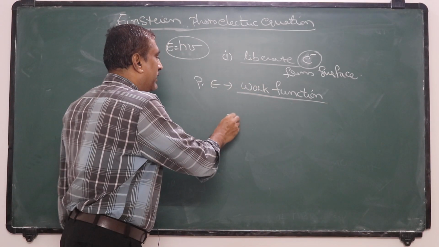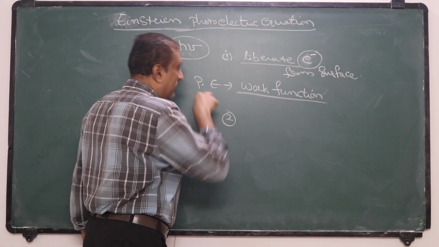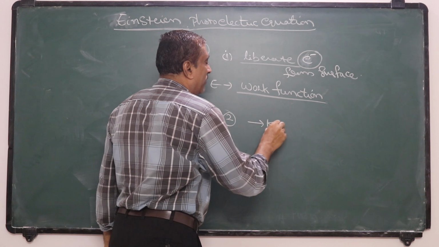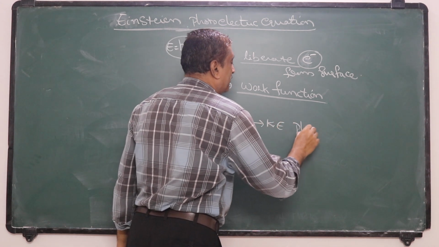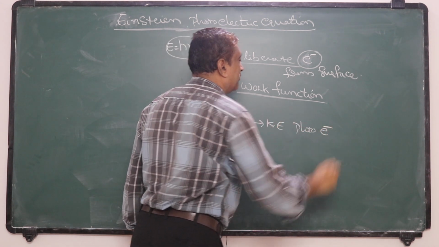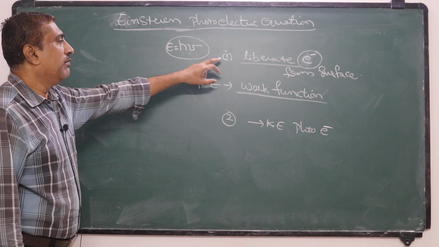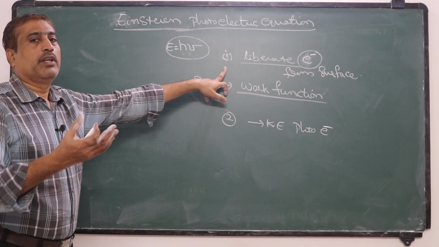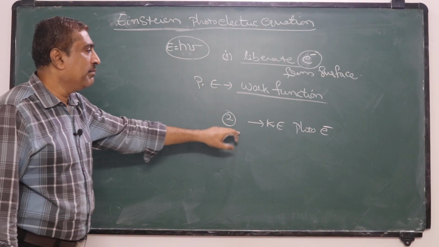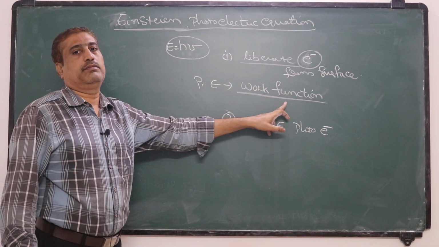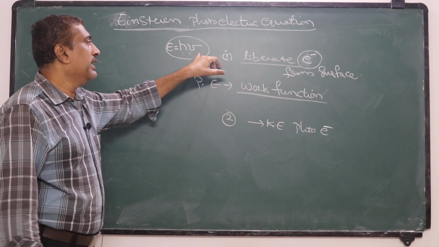The remaining energy gives kinetic energy to the electrons. This is called the Einstein equation.